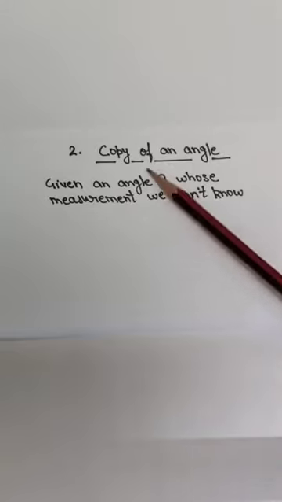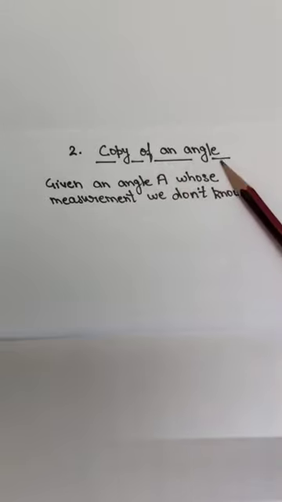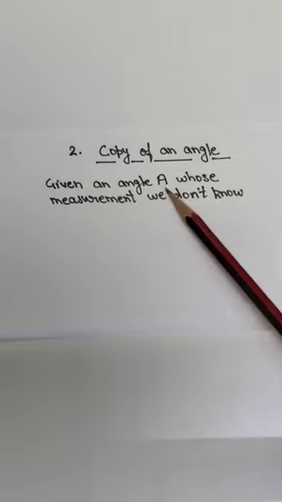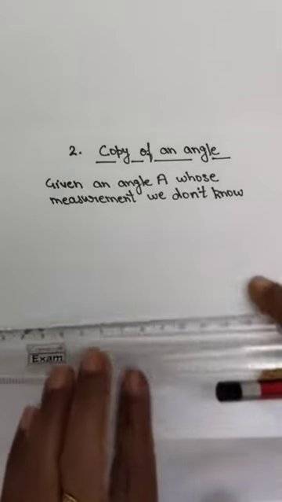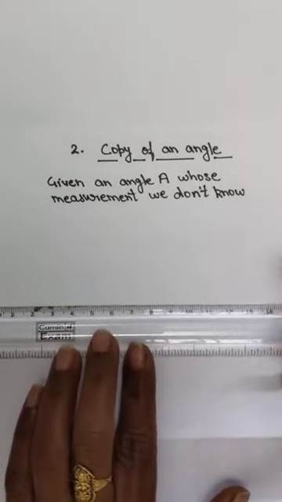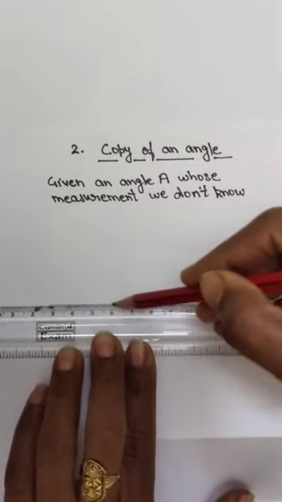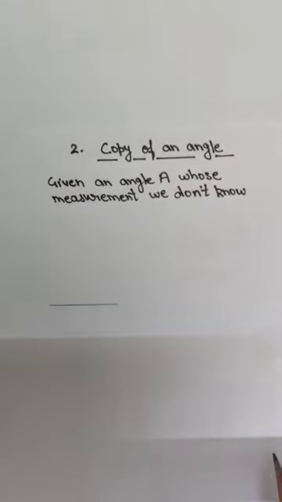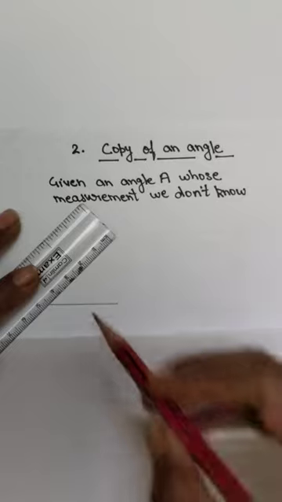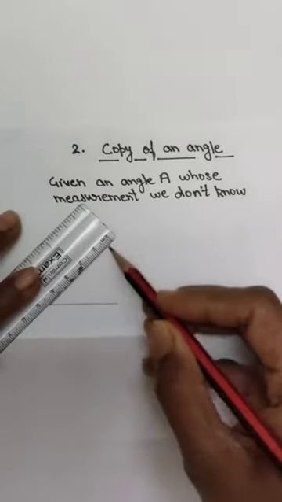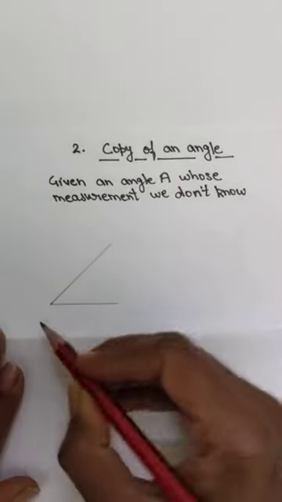Now next is how to make a copy of an angle. Given an angle A whose measurement we don't know. So first of all we will make an angle of any measurement whose measurement we don't know.